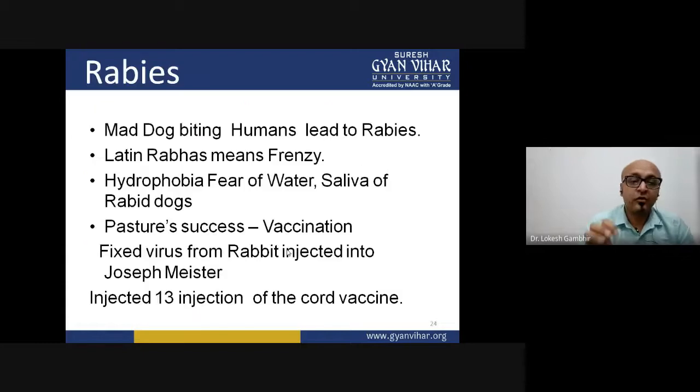So it is not host specific. And when people recognized that a dog bite can lead to this disease, they narrated in their sculptures and writings that a mad dog bite can cause this particular disease.